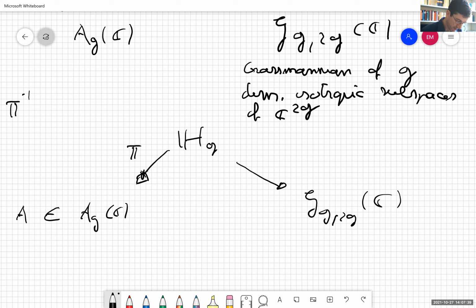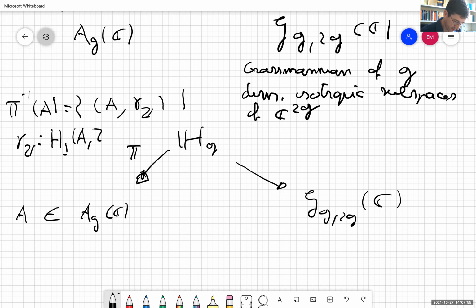So pi^-1 of A simply consists of pairs which consist of A and a certain gamma_Z, where gamma_Z is an isomorphism of the Betti homology of A with Z^2g, okay? And this isomorphism should respect certain pairings. So on H_1(A, Z), you have a pairing coming from the principal polarization. On Z^2g, you have the standard symplectic form, okay? And you want this to be respected.